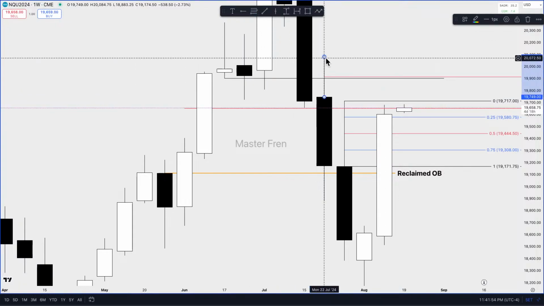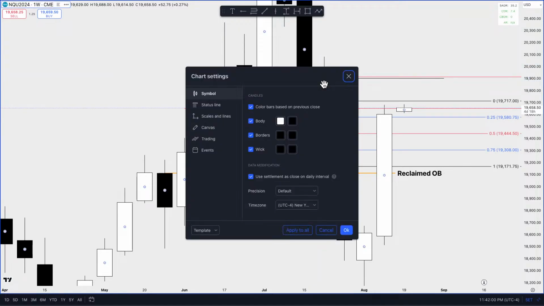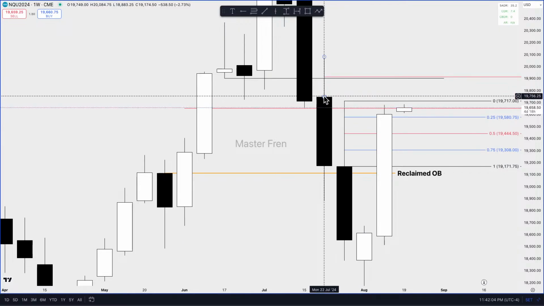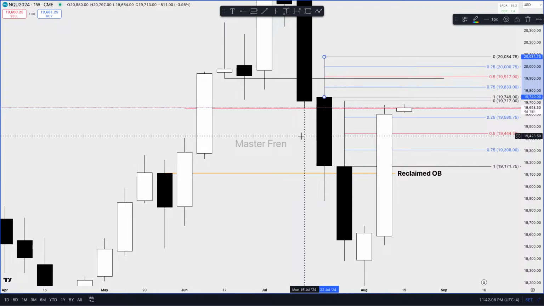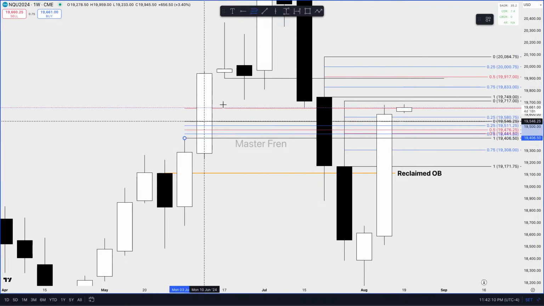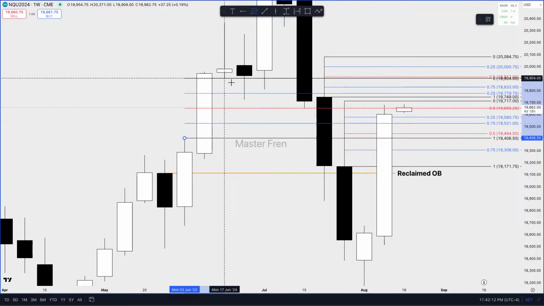So within that as well, we've got this rejection block here, and I'm going to turn on the quadrants of this rejection block. And I want to match that up with the quadrants of here. Do they match?